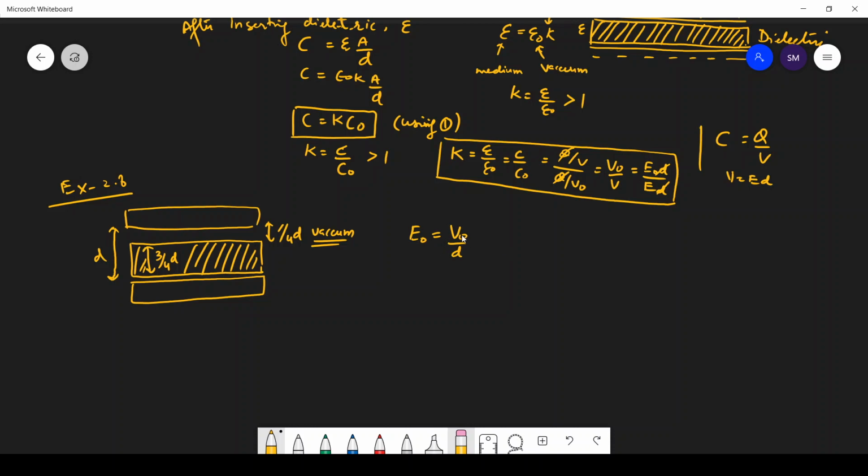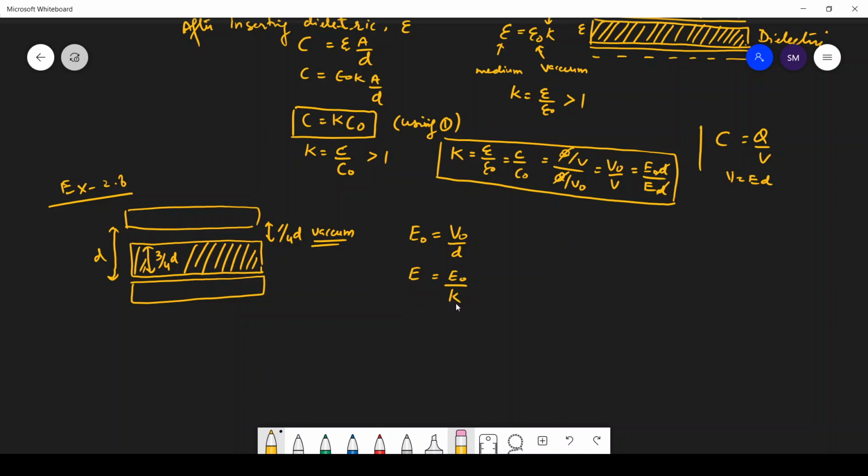This naught is telling you that vacuum is there, so always keep this in your mind. And now the dielectric is inserted. As the dielectric is inserted, I've already written this formula, E is equal to E naught by K.